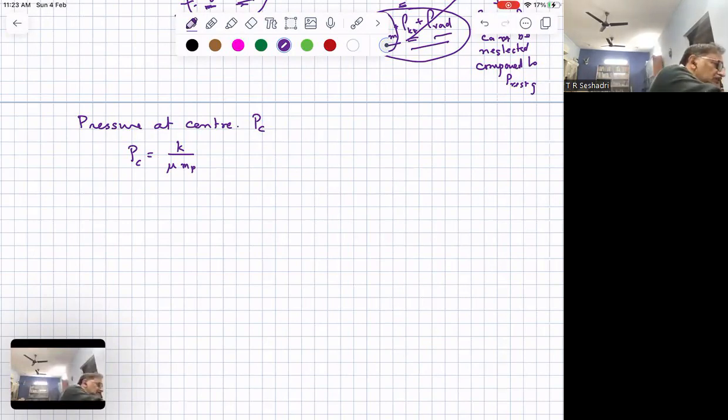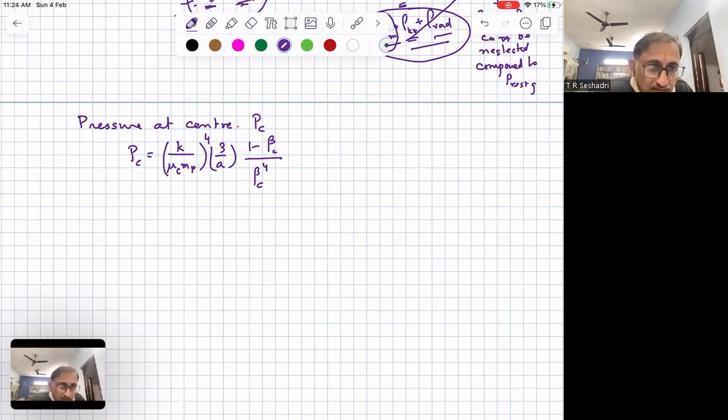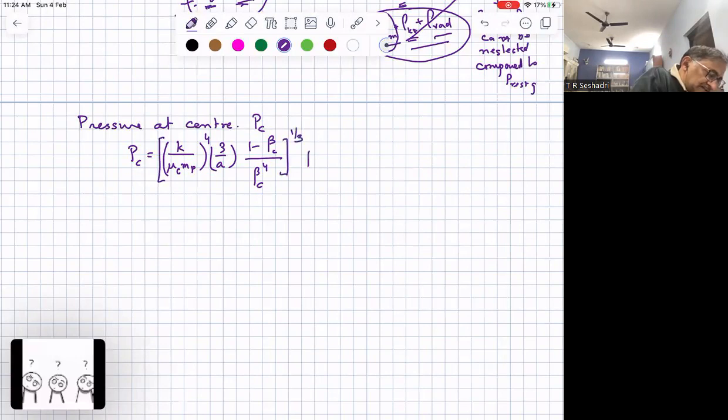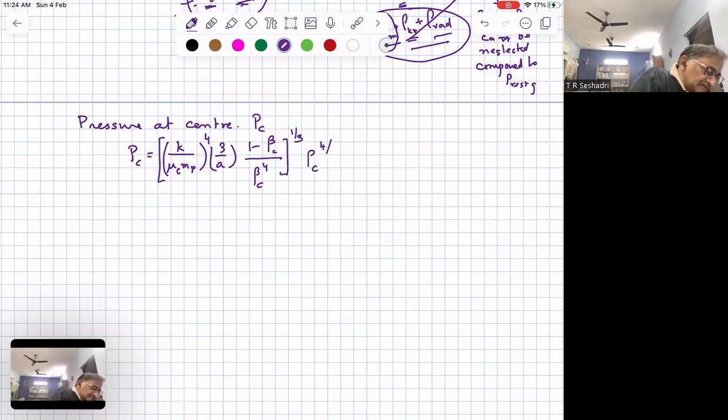Since we are looking at the pressure at the center, what I need is the mean molecular weight at the center, mu c, to the power 4 times 3 by A, 1 minus the pressure fraction at the center. Are you with me? Yes. This to the power 1 by 3 times density at the center by 4 by 3. So this is the central pressure when you have the pressure due to both gas and radiation. Okay, just for this one.